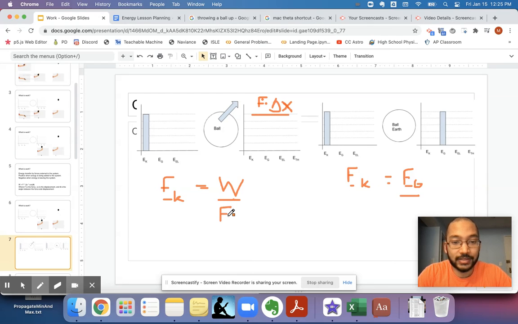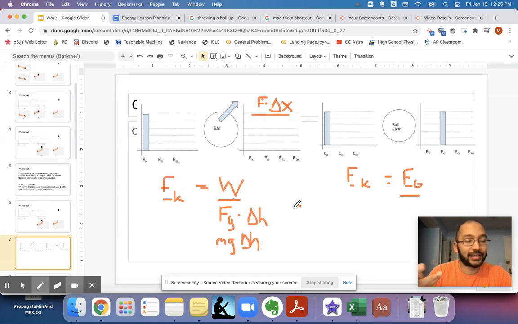In this case, it's Fg times your change in height, and the force is just mg, so mg delta h. I don't worry about the sign right now because if I were to plug in cosine of theta, I would get a negative, and I know to ignore that. I know I'm not being careful right now, so sorry about that. Like what I did with forces, when two forces point in the same direction, they should have the same sign.